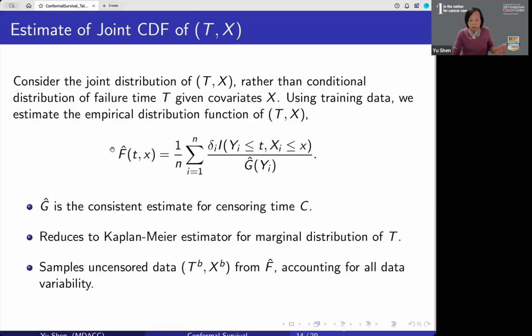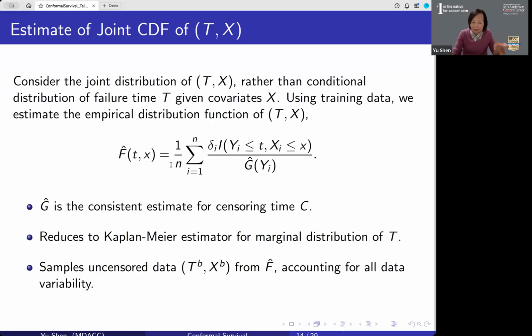So why do we want to construct this empirical distribution F hat? Using training data, even though they are right censored, we can still consistently estimate this joint distribution. Then we will use this joint distribution to sample uncensored data from there.